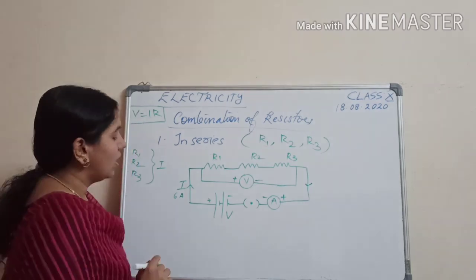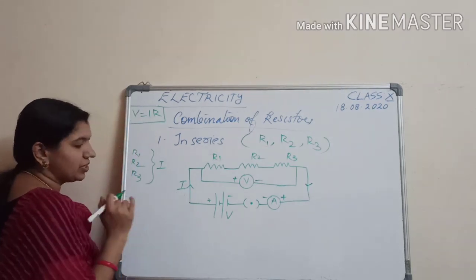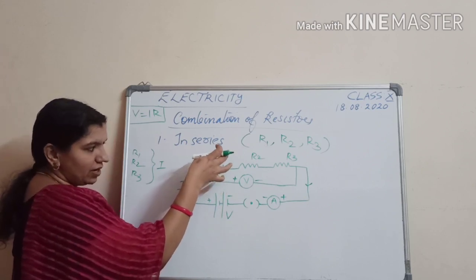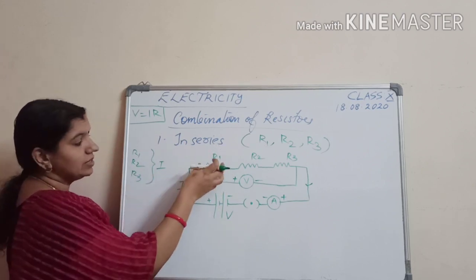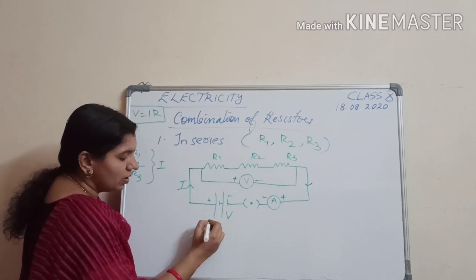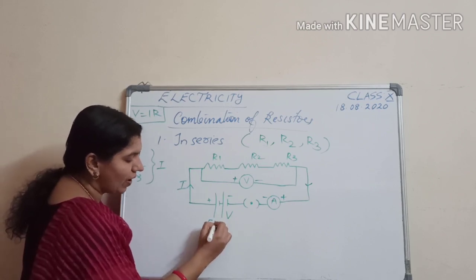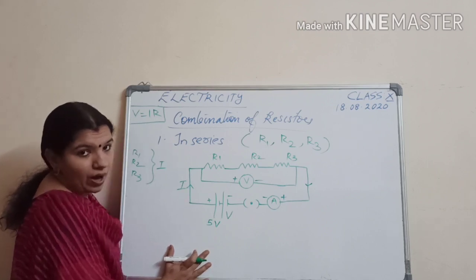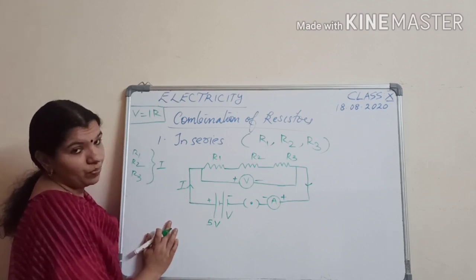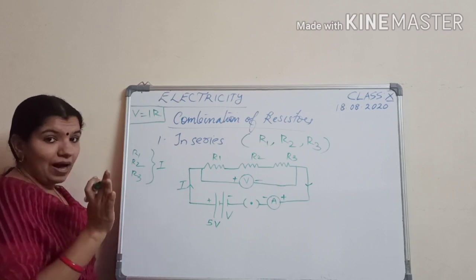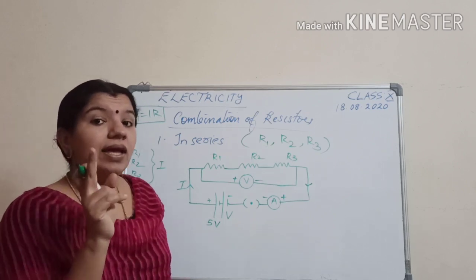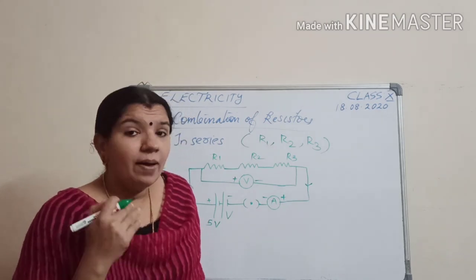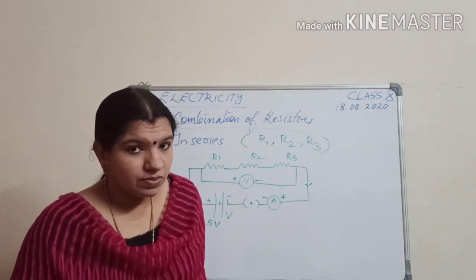Clear? Okay. Now listen, what about the potential difference? When I measure the potential difference across R1, for example, if I am giving a potential difference of 5 volt through this cell, because a cell or battery is a device which is used to maintain the potential difference, isn't it?